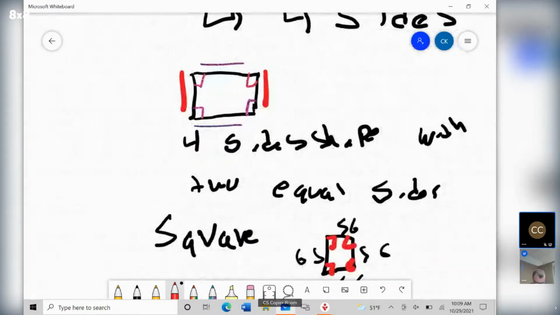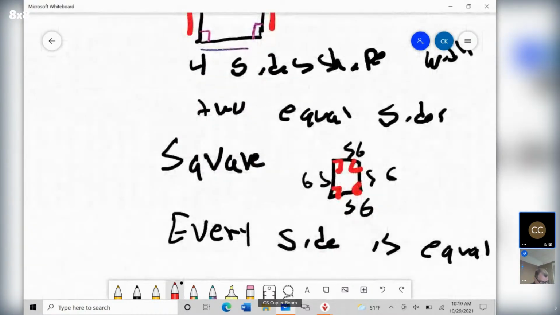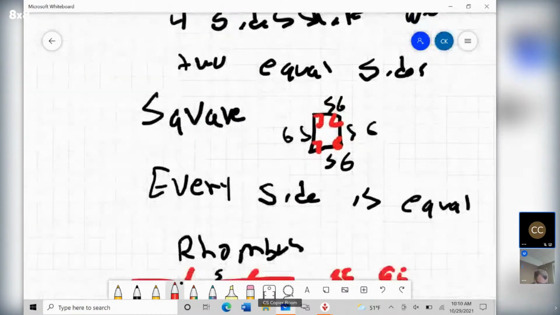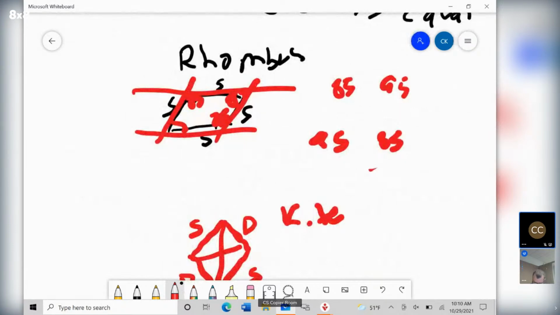Then we have the rectangle, and the square, where the four sides are exactly the same. You're going to have the rhombus, where all sides are equal in length, but the opposite angles are also equal. You're going to have a kite.